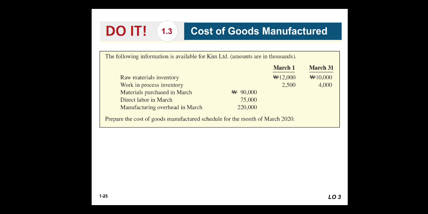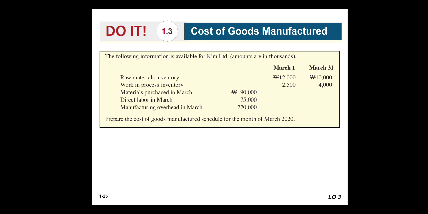You can see here there are raw material inventory data. Beginning 12,000, ending 10,000. Work in process inventory beginning 2,500, ending 4,000. Material purchase in March 90,000. Direct labor in March 75,000. Manufacturing overhead in March 220,000.